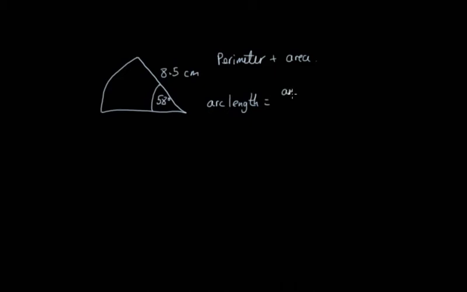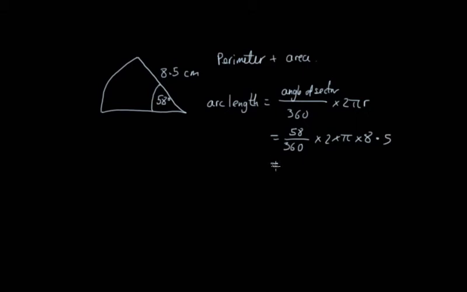So we've got the angle of the sector over 360 times 2 pi r. So it's going to be 58 divided by 360 times 2 times pi times 8.5. If we do the maths, the arc length is 8.60 centimeters.